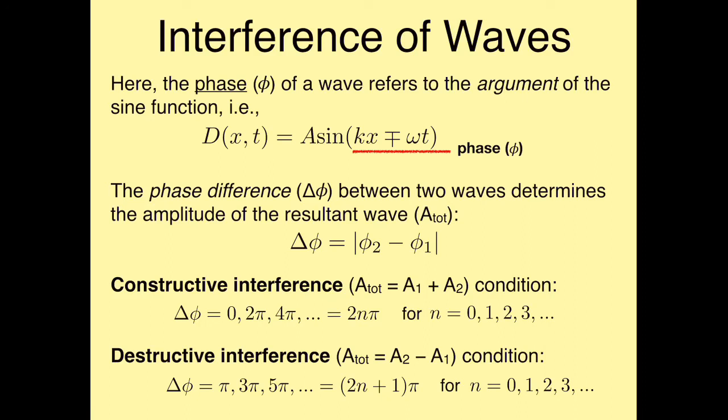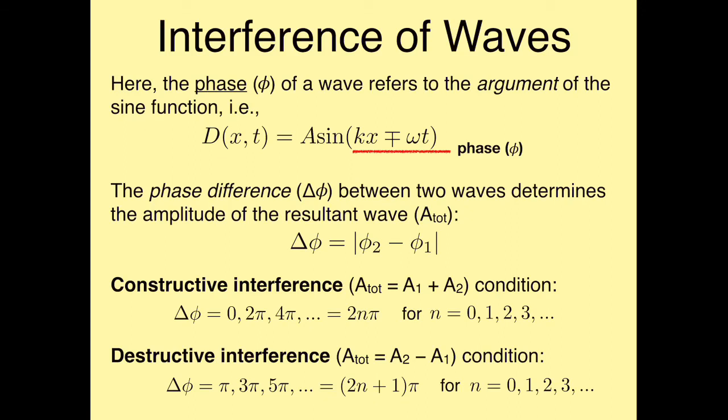So here, when we talk about the phase of a wave given by phi, we're referring to the argument of the sine function. In other words, we're referring to what quantity is inside of the sine function. That's our phase phi. So the phase difference between two waves would just be delta phi, where we take phi 2 minus phi 1, and we'll take the absolute value of that just to ensure that it comes out positive.